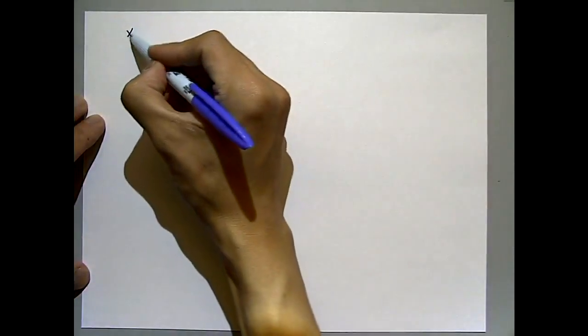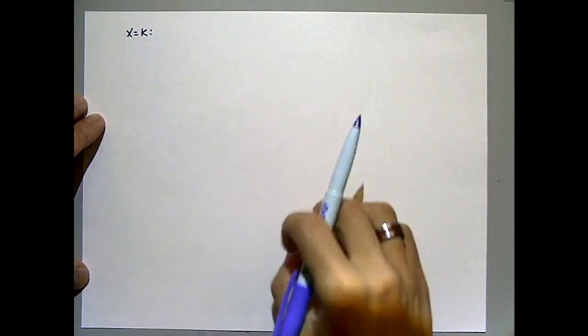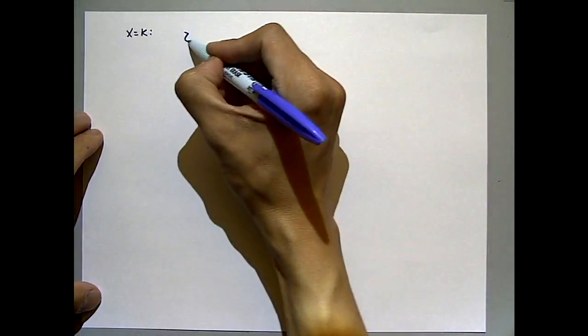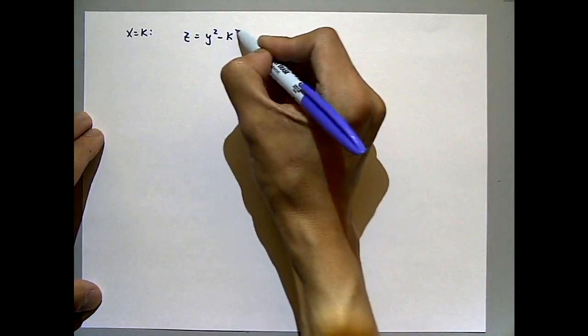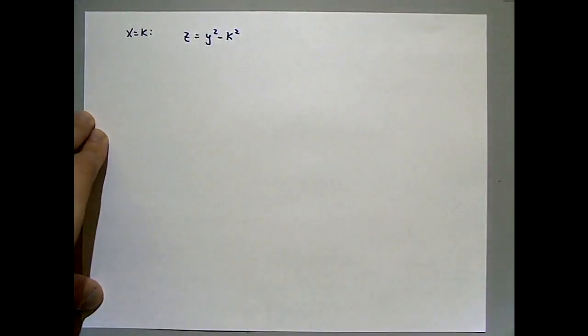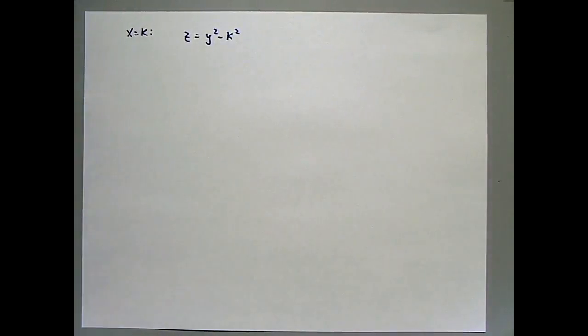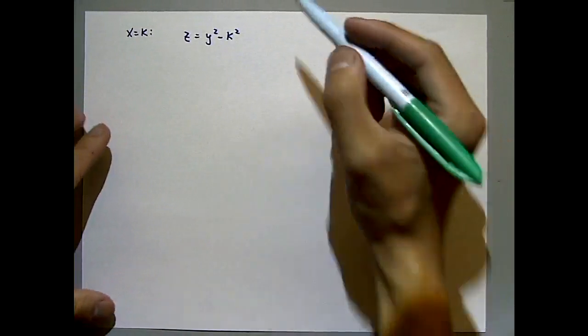Last set of traces. X is equal to k. And we get a set of shapes very similar to y is equal to k. Very similar. We get z equals y squared minus k squared for whatever k you want to use.